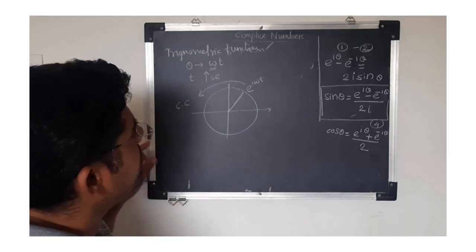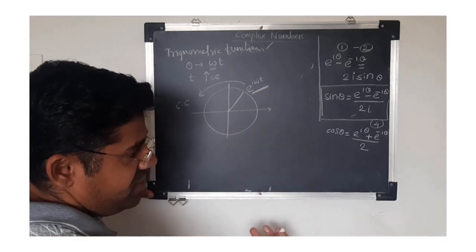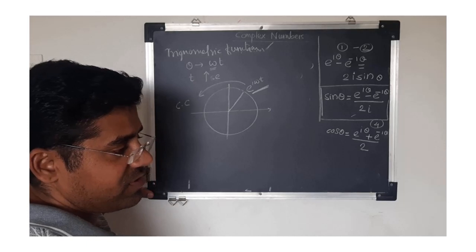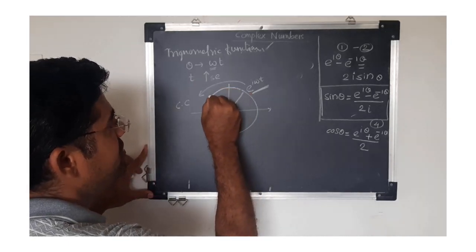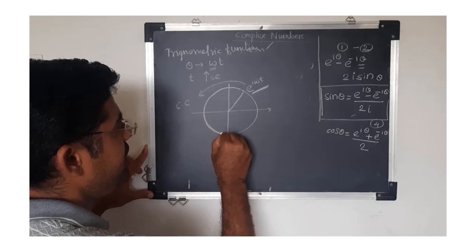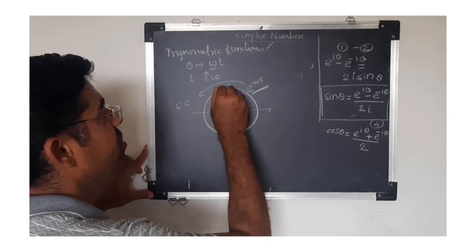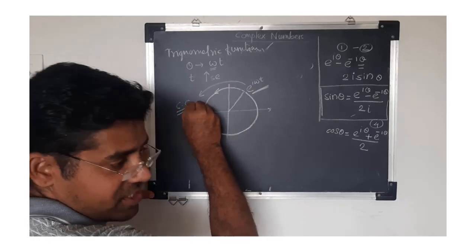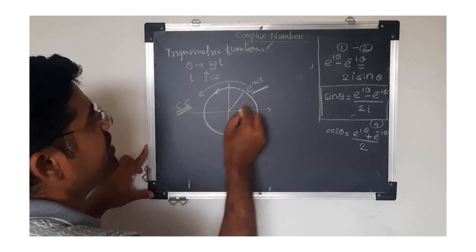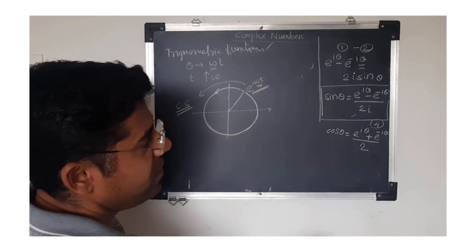So e raised to i omega t describes a circular motion, in a counterclockwise direction with frequency omega.